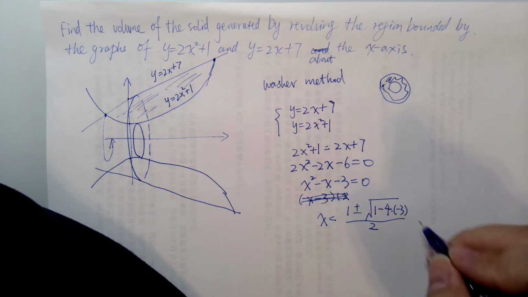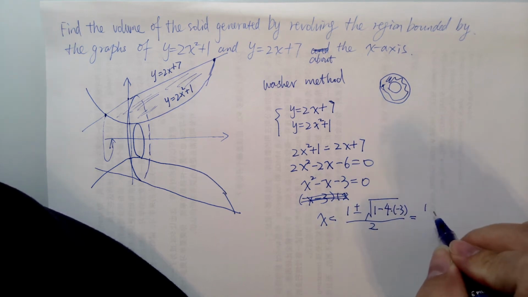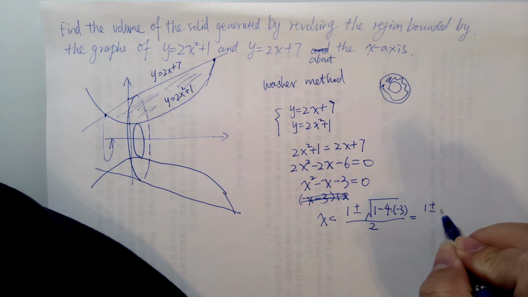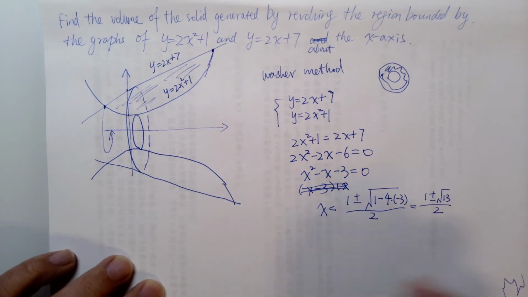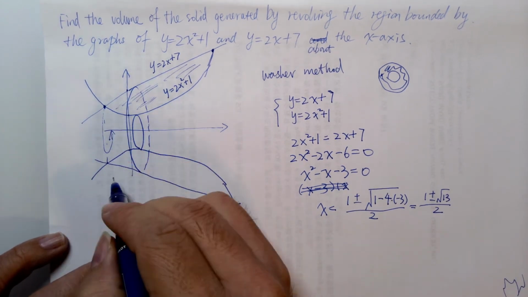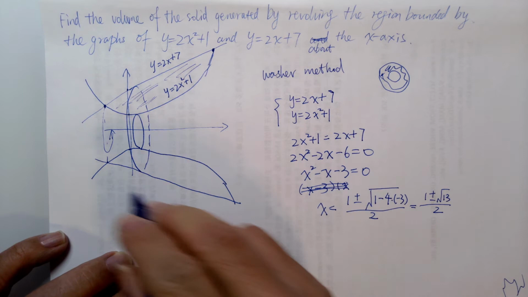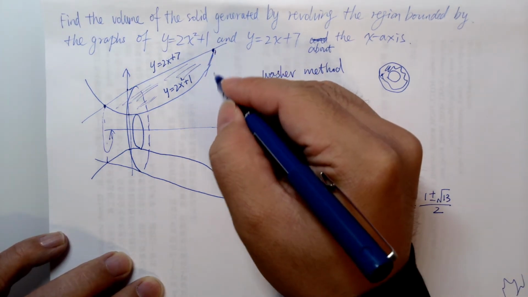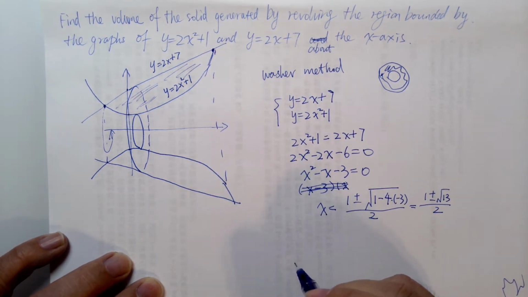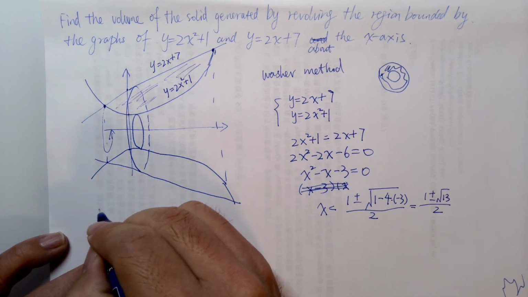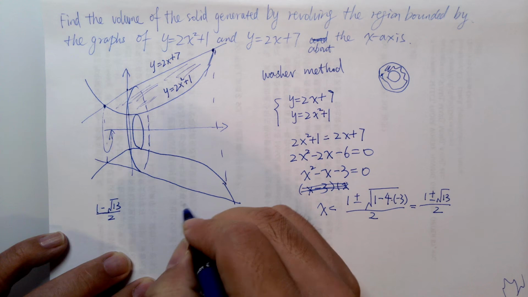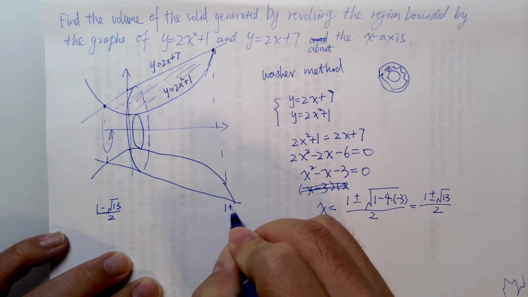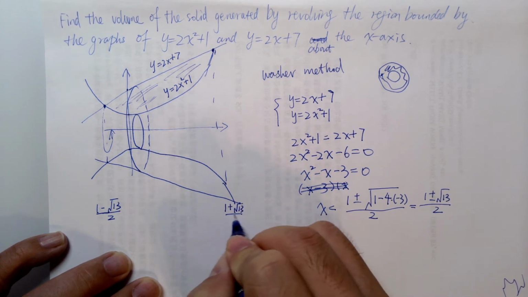So we're going to have 1 plus or minus the square root of 13, over 2. Okay, so the integration is going to be from 1 minus the square root of 13 over 2 to 1 plus the square root of 13 over 2.